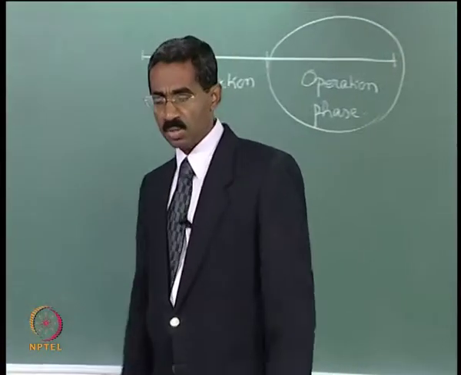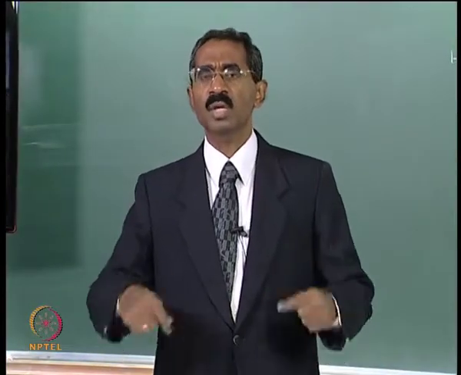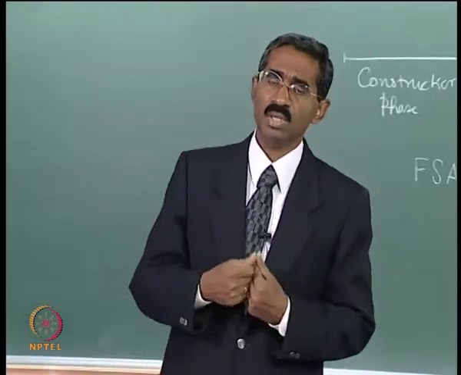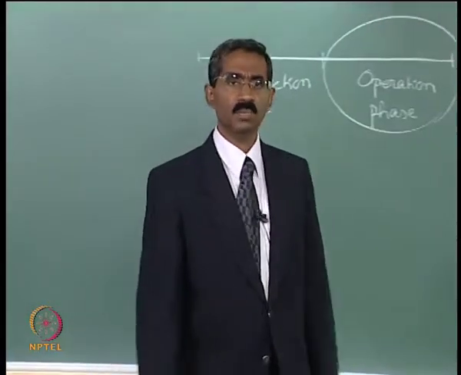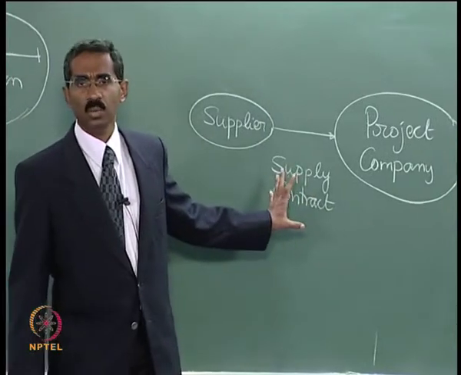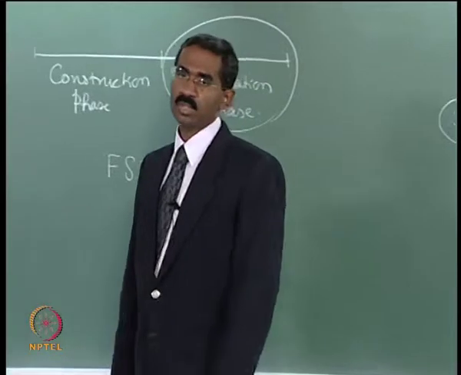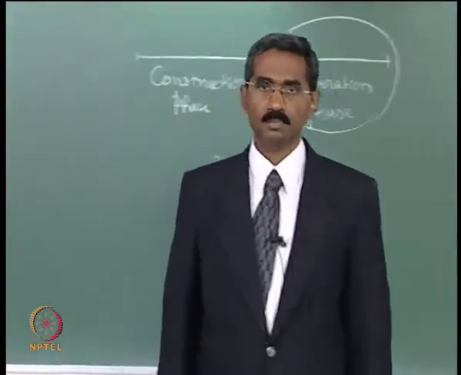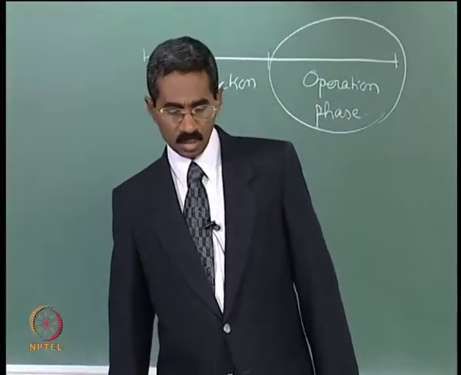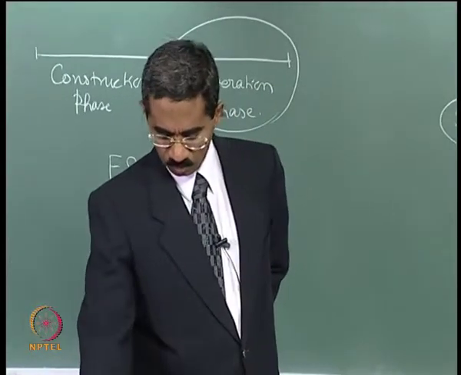Now obviously if the quality is not up to standard, then the project company can go ahead and not accept the supplies under the contract. So whenever there is a shortfall in terms of volume or in terms of quality, then there are appropriate compensation mechanisms that are there between the project company under the input supply contract.